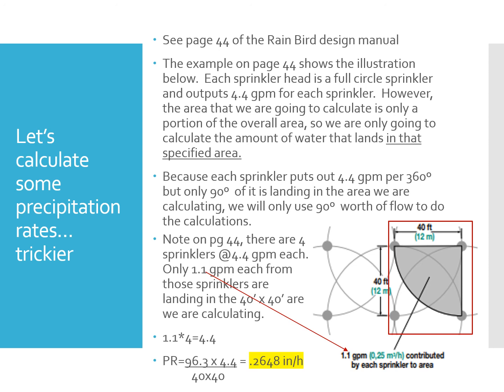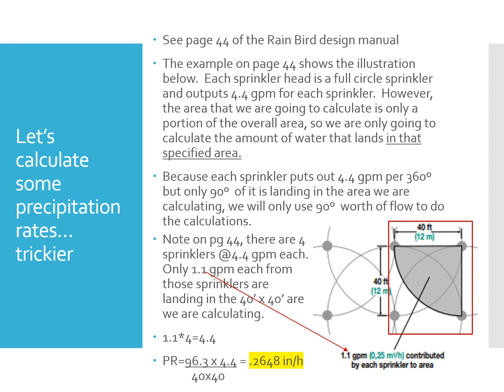Because each sprinkler head here is a full circle, we can't calculate the entire flow of the full circle into this space. Very similar to the last one, each one of these sprinkler heads puts out 4.4 gallons per minute total, but it's spraying outside of this area that we're in.